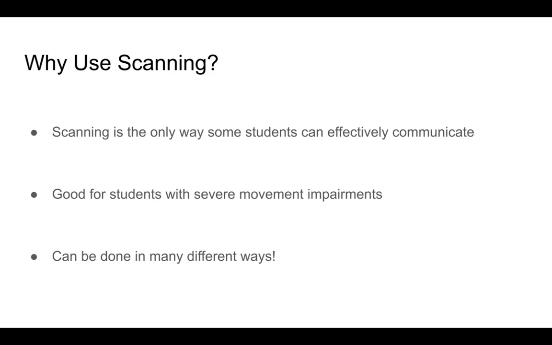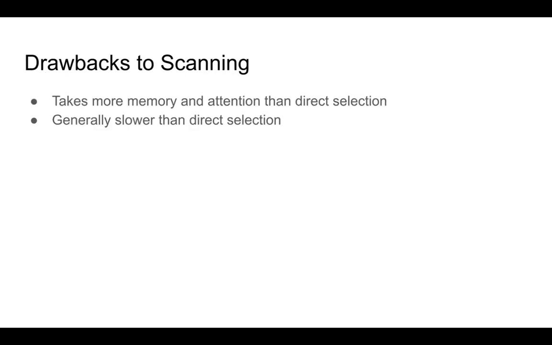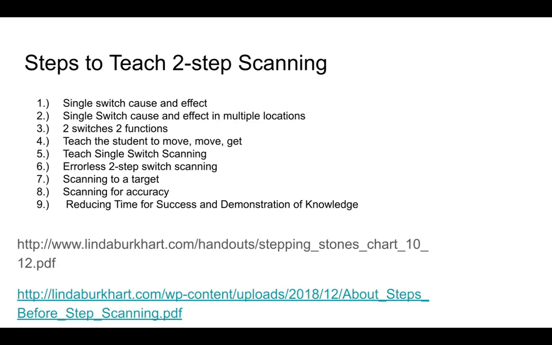There are so many ways to modify it, as you could see from those three examples. The drawbacks to scanning are that it takes a lot of memory and attention, and that it is also a lot slower than direct selection. So it should really only be used after you've explored other options, but it is a great option and it is good to know about.